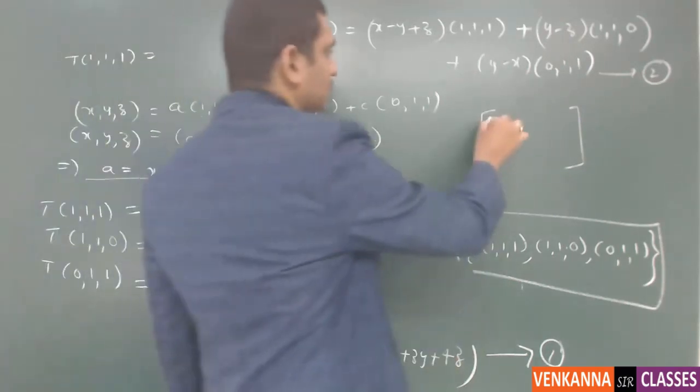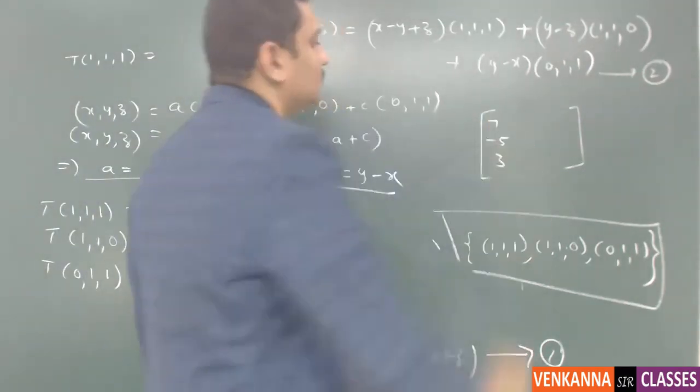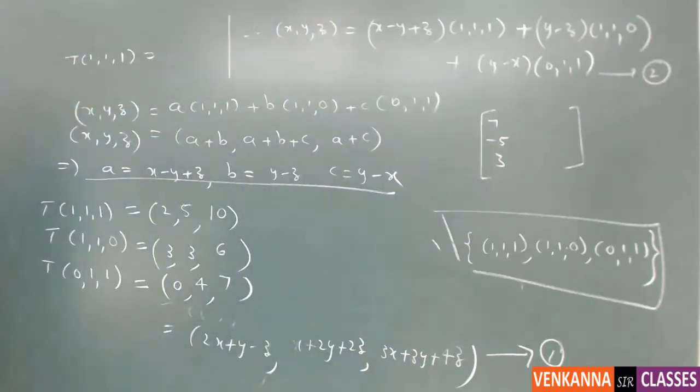Am I correct? If I apply the linear combination, x minus y plus z, y minus z, y minus x, if the values are correct. Right?